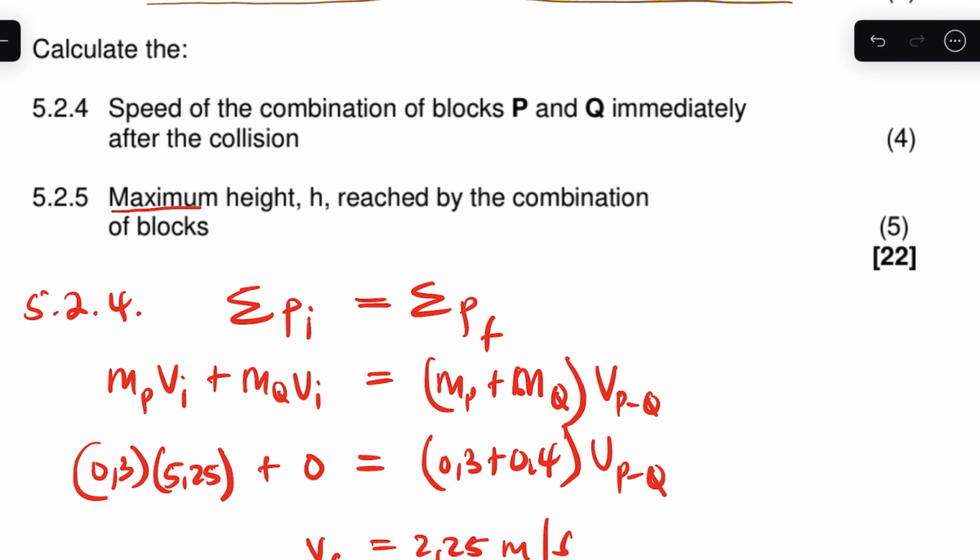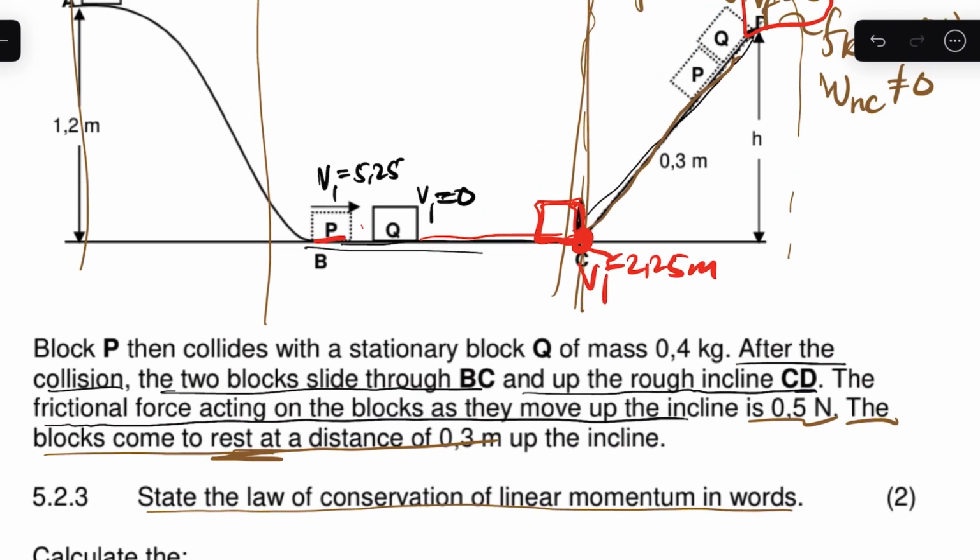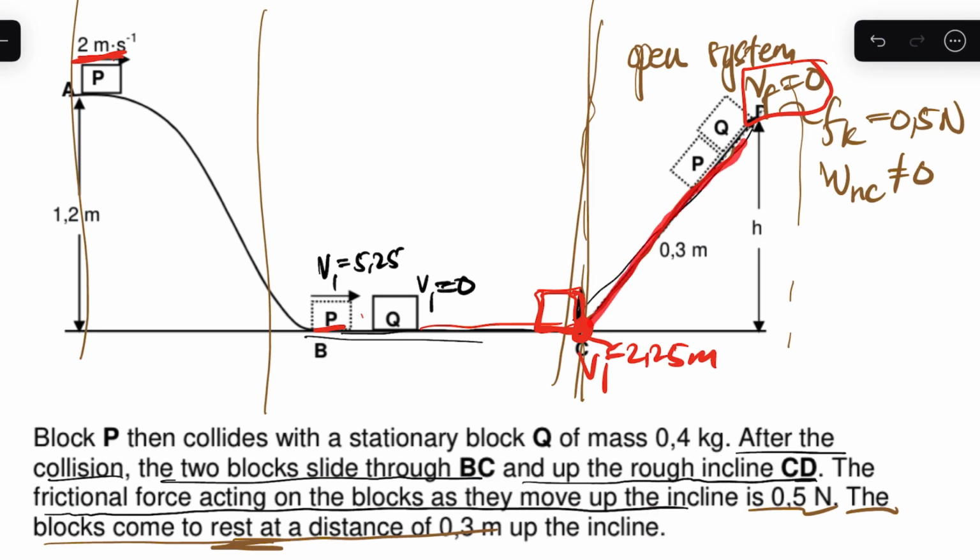It says calculate the height h reached by the combination of the blocks. So these blocks, they combined, they reach here, they started this incline with this velocity. As they moved up, there are forces that are acting there. There's a frictional force going down, there's an FG parallel going down. There are two forces acting on it: frictional force, FG parallel, right?